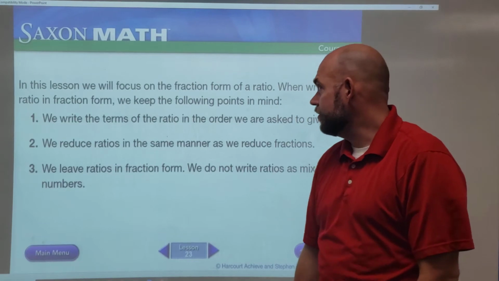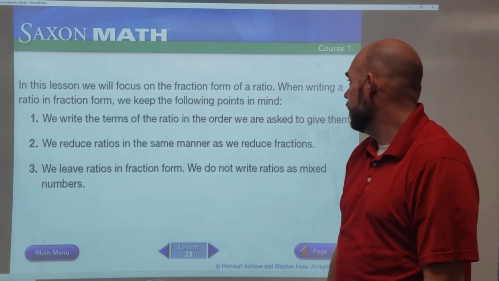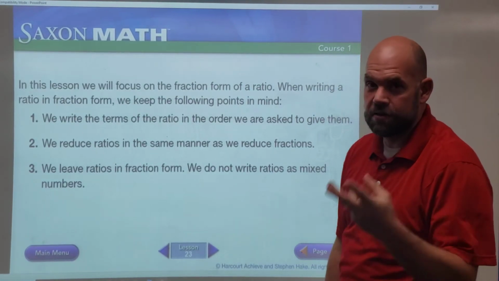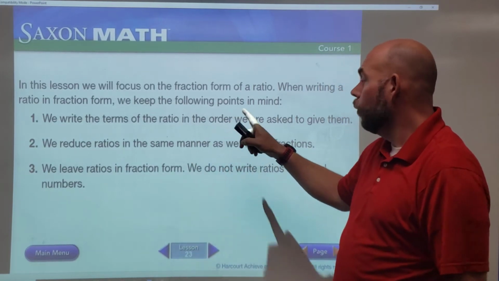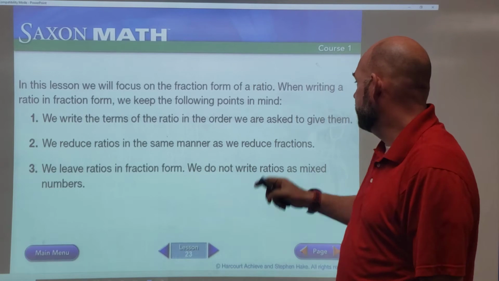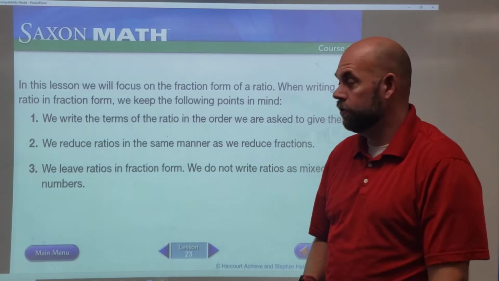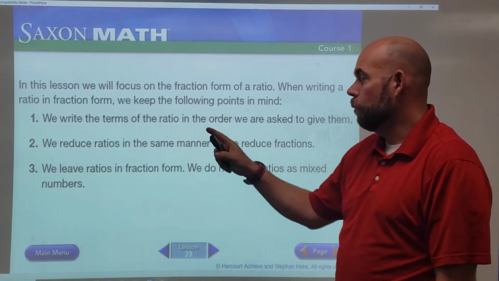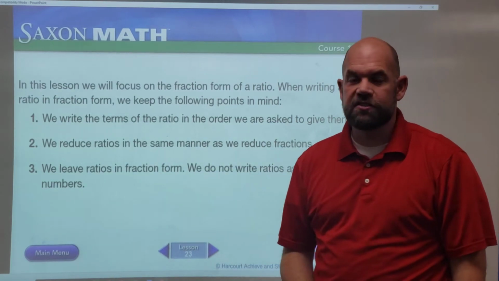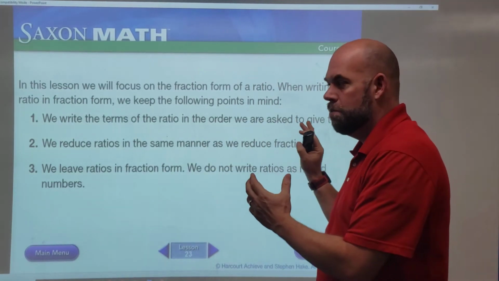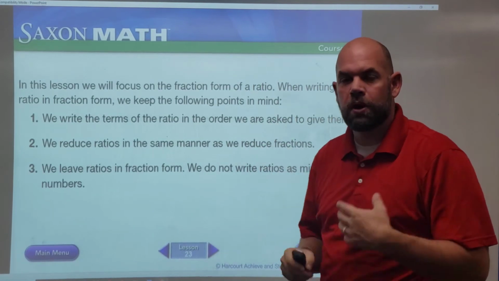All right, in this lesson, we'll focus on the fraction form of ratio. When writing a fraction form, there are three things to keep in mind. We write it in terms of the ratio in the order we're asked to give them. So that's why we put the boys first in that last example. We reduce the ratio in the same manner we reduce fractions. And that's why that third method of putting it in a fraction is probably the most useful.